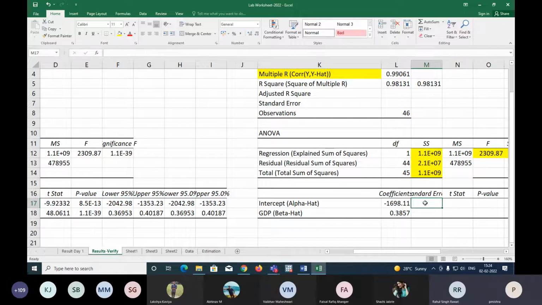For that, we first need the summation of u hat i square divided by n minus 2, which is nothing but this one. Because this is what we discussed today, we will be replacing sigma square with sigma hat square.